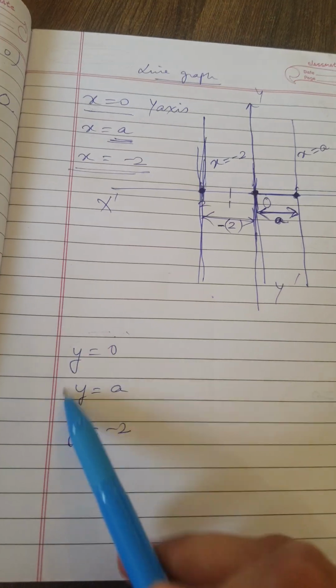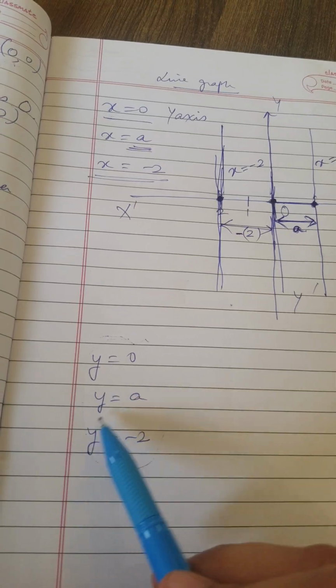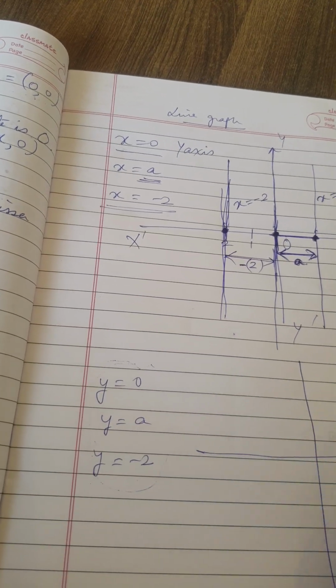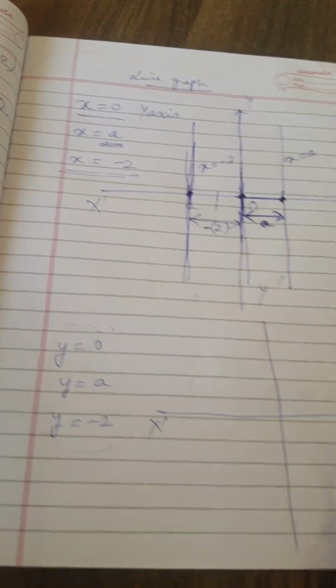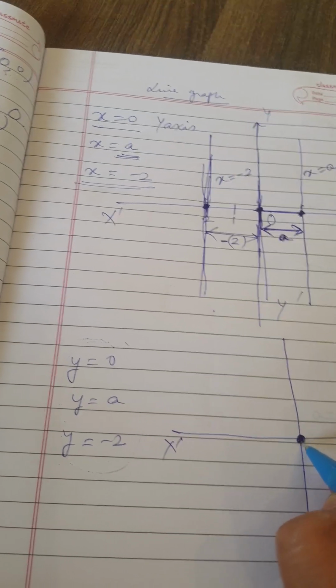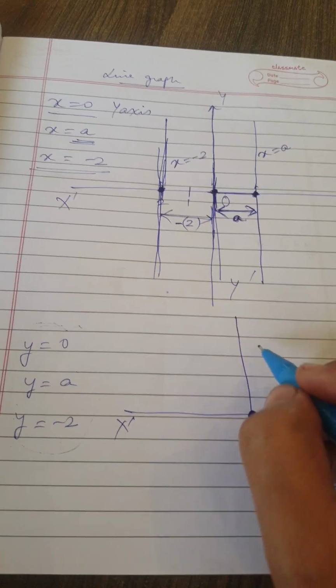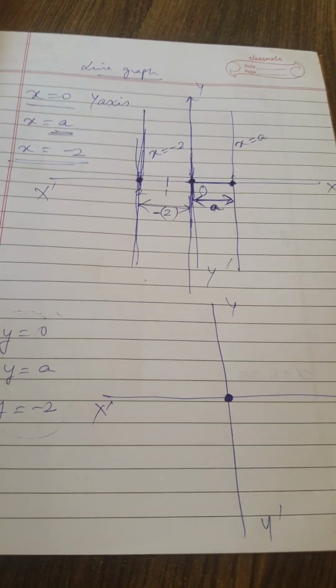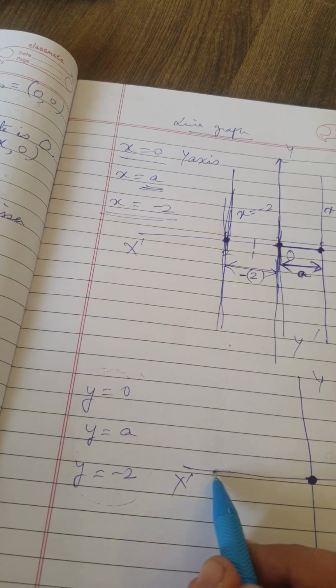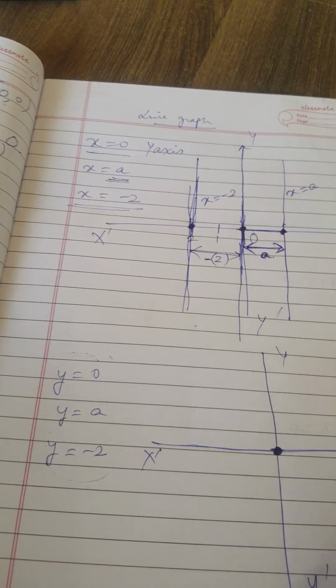Now if the equation is like this, where y equal to 0, y equal to a and y equal to minus 2, what would happen? y equal to 0 would lie on this point, on the origin only. So if we plot a line through this origin, what would that indicate?